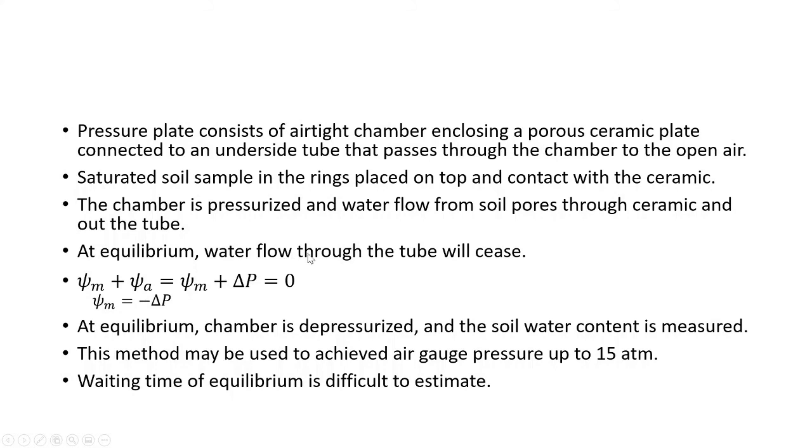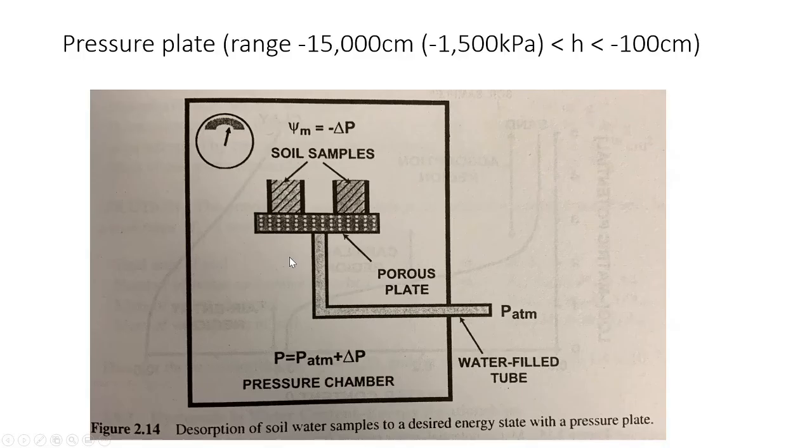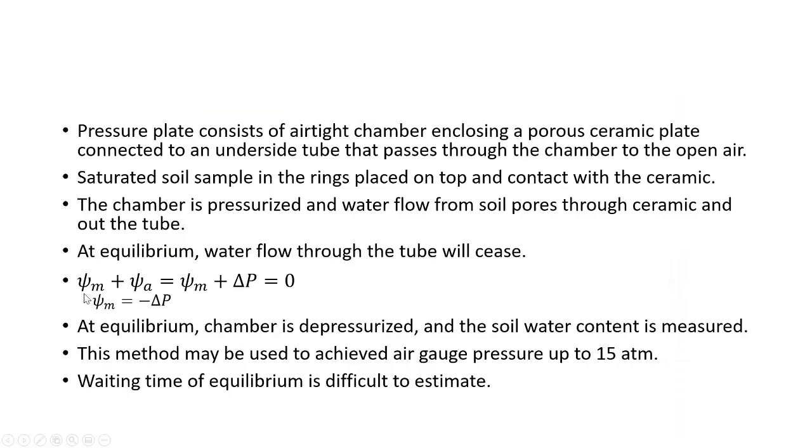At equilibrium, water flow through the tube will cease, meaning no more water will flow out of this tube. So Wm plus Wa, where Wm is the matric potential and Wa is the air pressure potential, equals matric potential plus change of pressure equals 0.